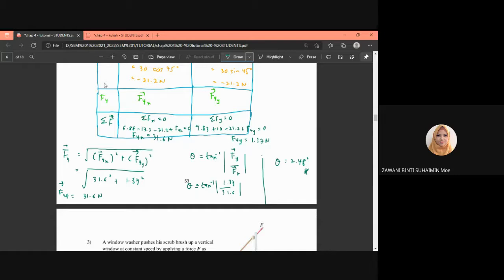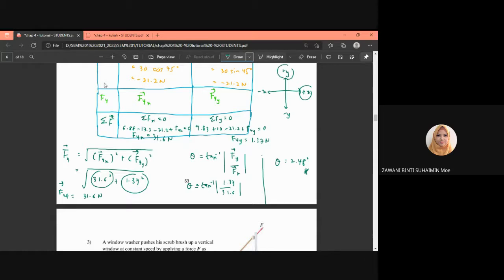Whether the angle is above or below the positive axis, or above or below the negative axis. So the way is we analyse our components earlier in the X and Y component. Okay, this one is positive X, this one is negative X, the top is positive Y, negative Y. Okay, for the X component we got 31.6, so positive. So it is here. And then for the Y component we got 1.37, so positive as well. So put it here.